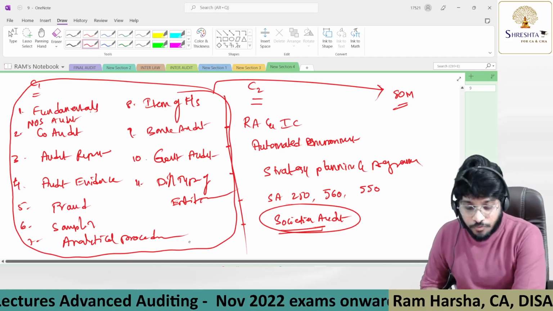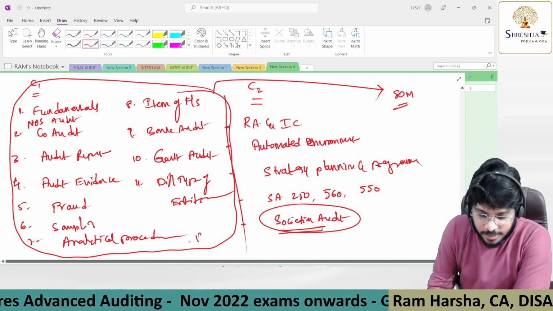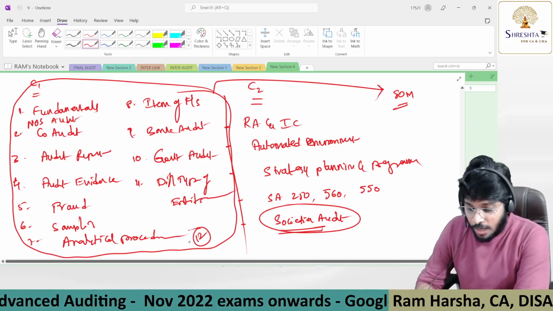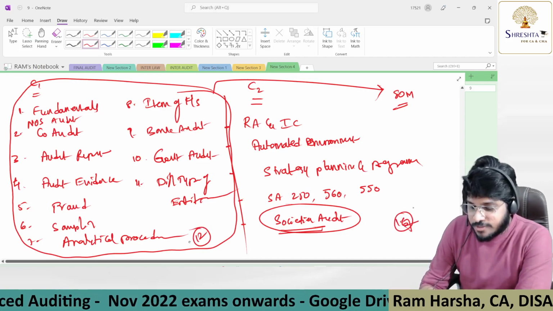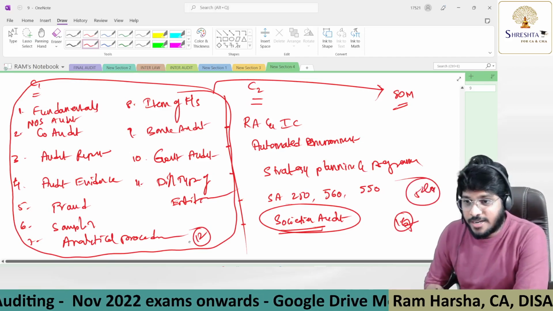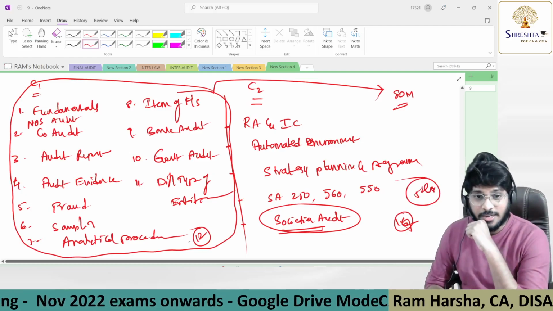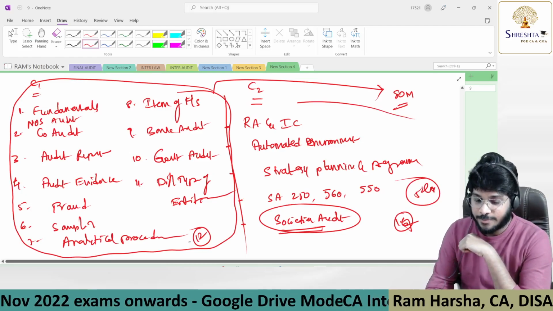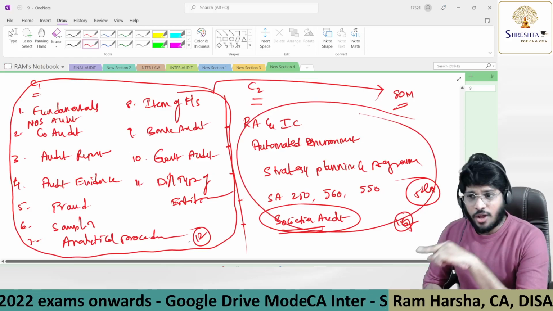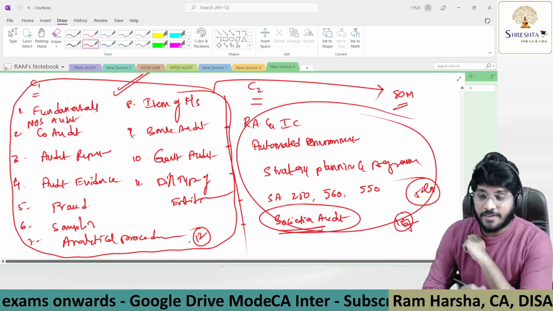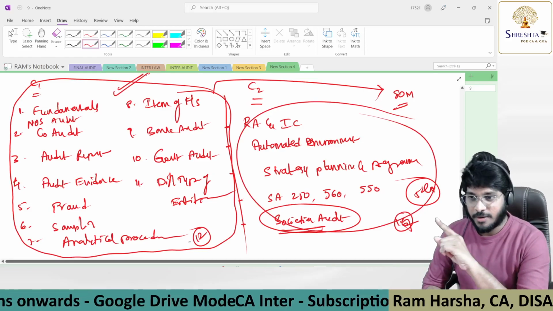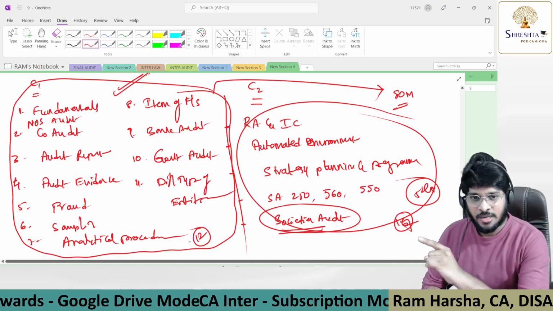Nature, objective and scope, which means approximately in the segment 1, 12 chapters. Whereas out of 17, 5 chapters you can keep it under category 2. And those 5 chapters are this. You need to read all these 5 only when you thoroughly revise all these 12. Remember, don't revise hurriedly.